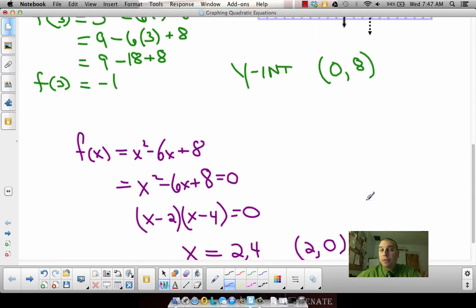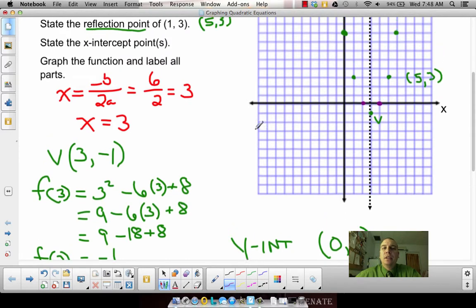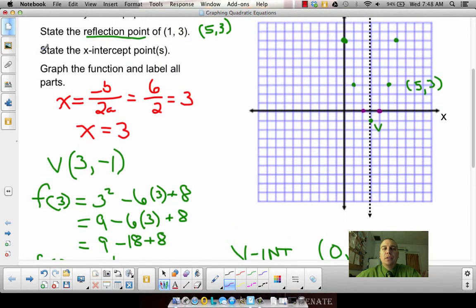So now I have the points for my x-intercepts. This is your x-intercept: (2, 0) and (4, 0). There are 2 x-intercepts, and we can now place those on the graph. Oh, and we actually already finished that. Graph the function and label all parts.